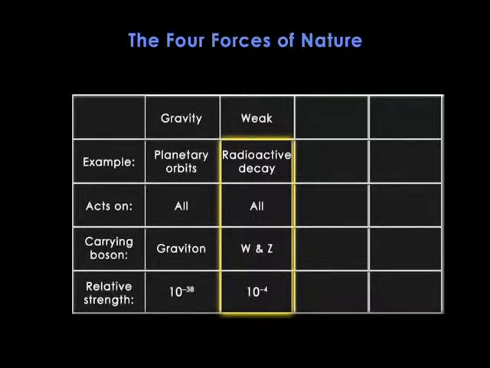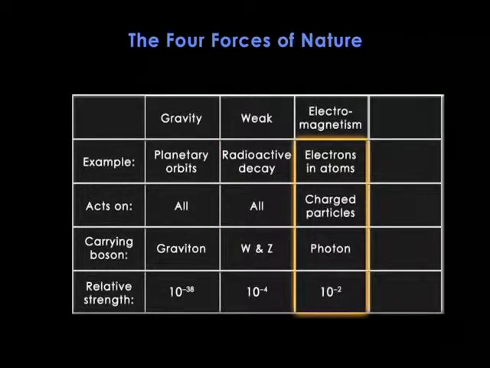It also acts between all particles and is carried by the W and Z bosons, and, as its name suggests, it's relatively weak. The electromagnetic force drives lightning bolts from clouds to the ground and keeps electrons in orbit within atoms. It only acts between charged particles, it's carried by the photon, and is of intermediate strength.